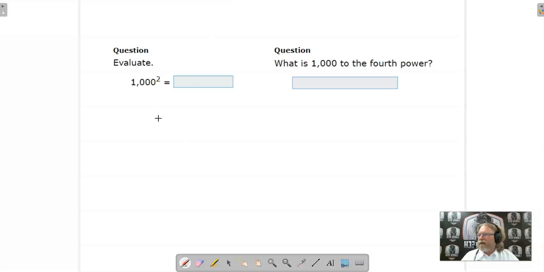And this is the last one here, so we could use that shortcut. I have 3 zeros and an exponent of 2. 3 times 2 equals 6. So I need a 1 with 6 zeros. 1, 2, 3, 4, 5, 6. So that's going to be 1 million. 1,000 squared is 1 million. And then what is 1,000 to the 4th power? Wow, 3 zeros.